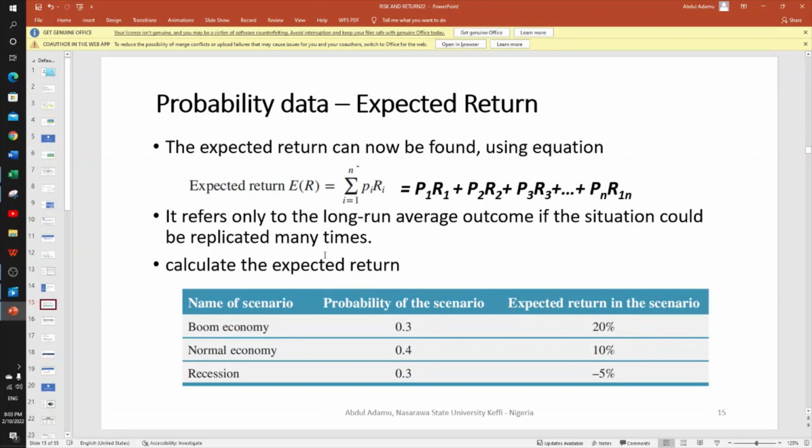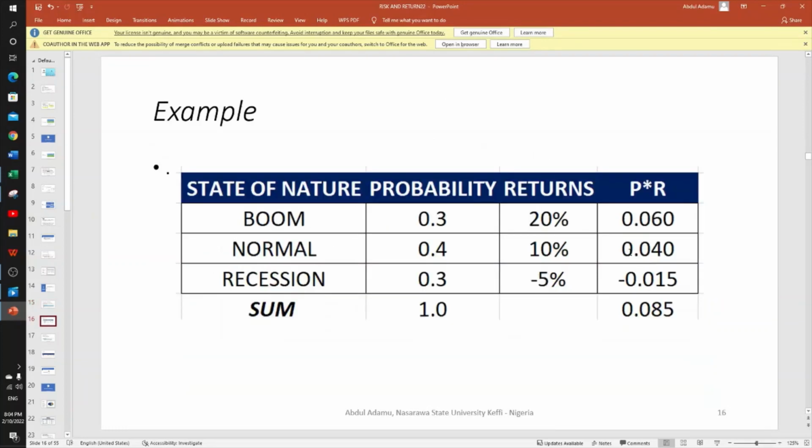When you have this, how to calculate the expected return is you multiply each of these probability by the return. So and sum them together. P times R1, this times this times this times this, you add them together. That is how we calculate expected return for a single investment.